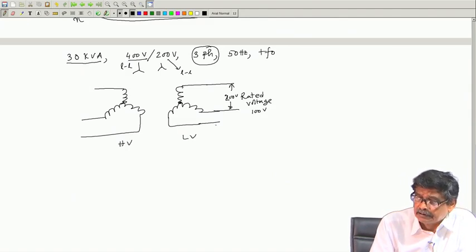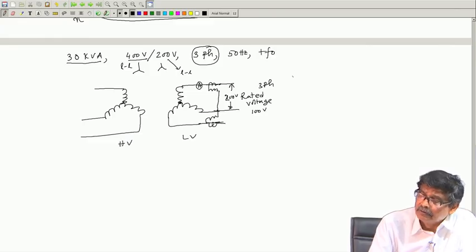You connect 3 phase 200 volt and you connect an ammeter and also a wattmeter, and better connect 2 wattmeters because it is a 3 phase system.